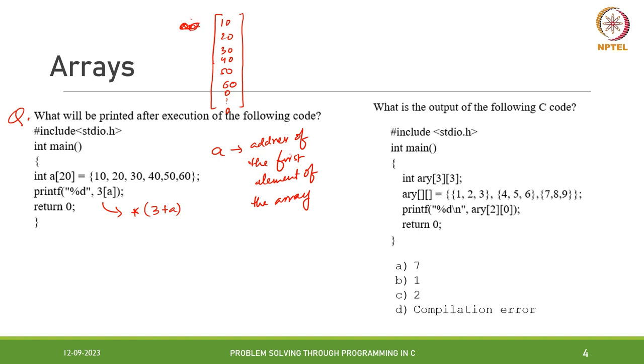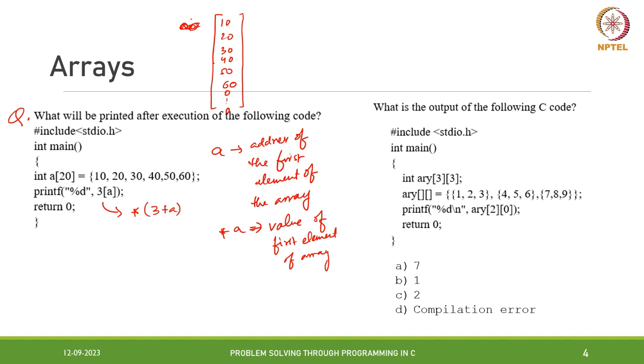Now star of A means I am saying the value of the first element of the array.